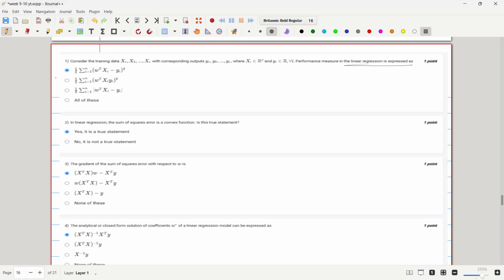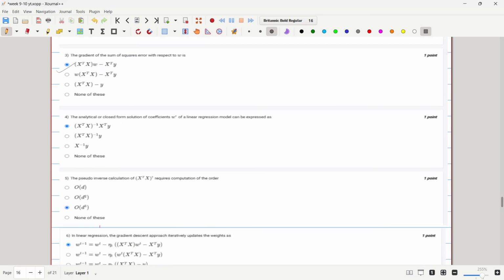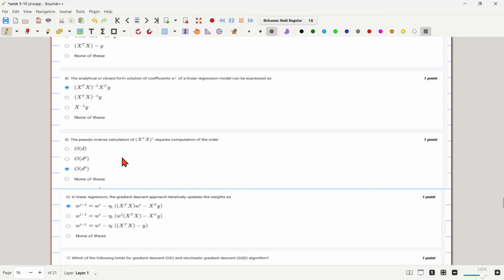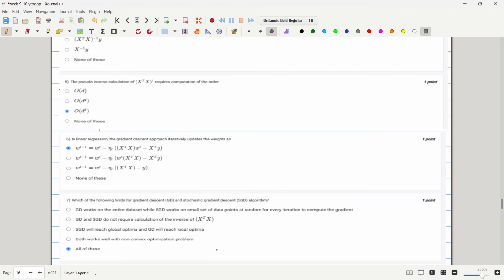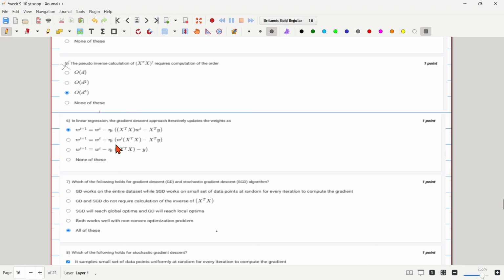Linear regression is expressed as 1 by 2 (w transpose x_i minus y_i) whole square. In linear regression, the sum of squares error is a convex function. Yes, it is true. The gradient of the sum of squares error with respect to w is x transpose x w minus x transpose y. The analytical or closed form solution is (x transpose x) inverse x transpose y. See, this is not for our purpose.